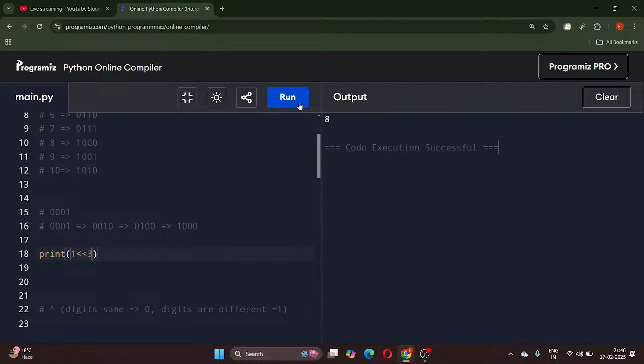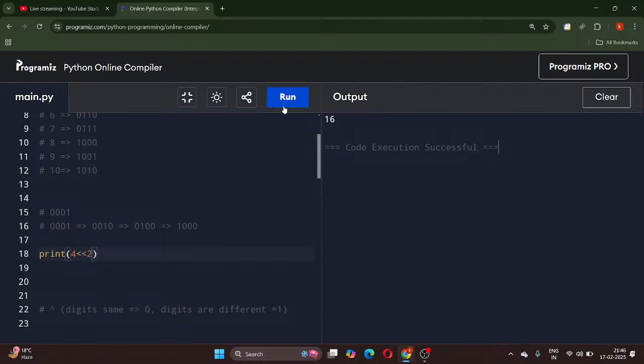So if instead of 1 you are taking 4 here, and you are saying that left shift it by 1 unit, it will just double it once, so it will become 8. But if you are saying that left shift it by 2 units, then it will double it twice, right? So 4 will become 8, and then 8 will become 16.